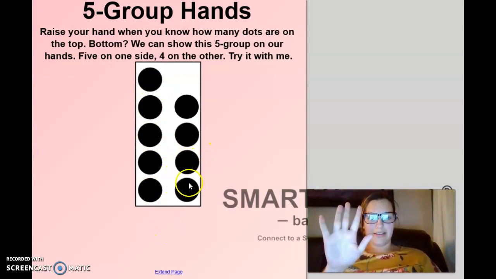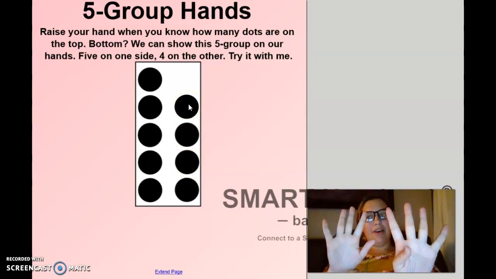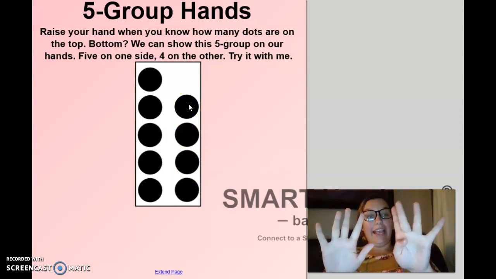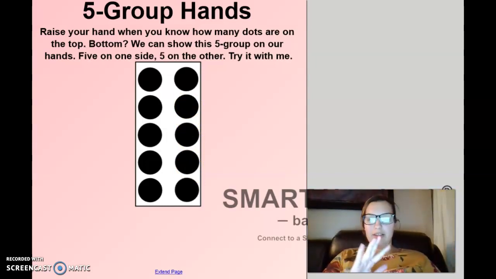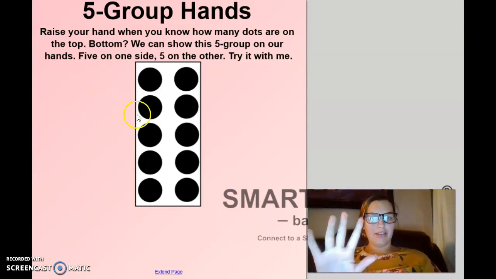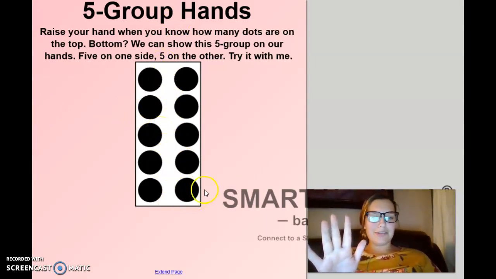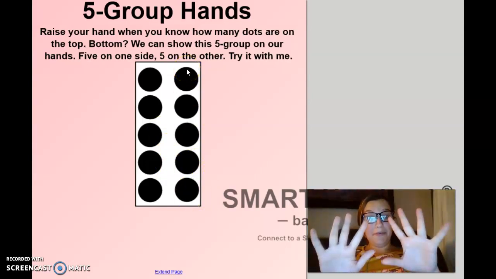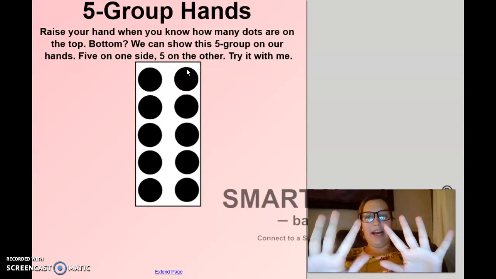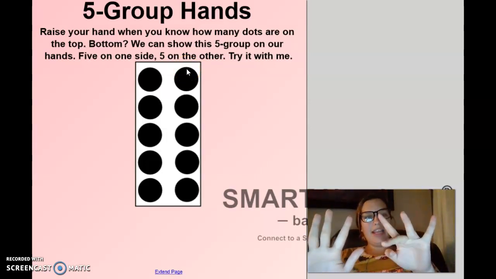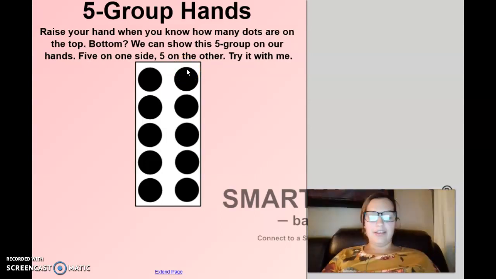And how many on this side? 1, 2, 3, 4. 5, 6, 7, 8, 9. Then we have 5. And look, these groups look equal. How many do you think are on the other side? 5, but let's count to be sure. 1, 2, 3, 4, 5. So 5, 6, 7, 8, 9, 10.